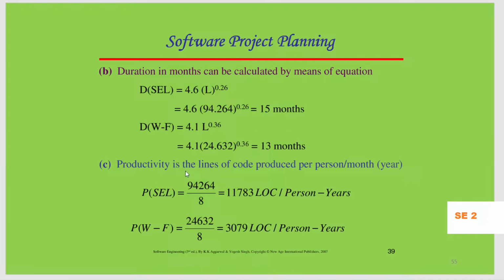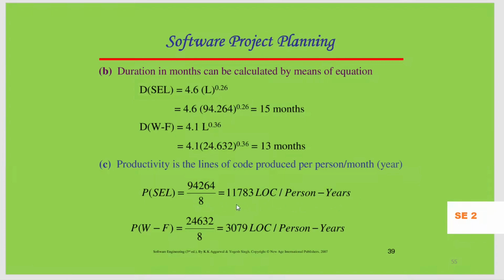So, productivity is the lines of code produced per person, per month, or per year. Productivity is equals to our L over 8. Why 8? Because our given earlier was 8 per year. So, 94,264 over 8, we have 11,783 lines of code per person in 1 year.